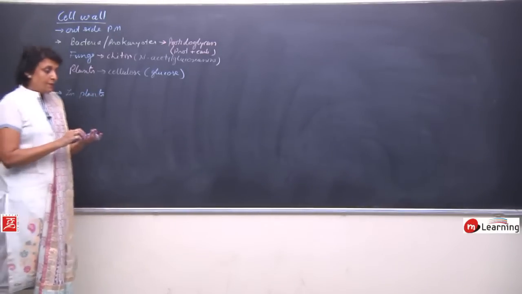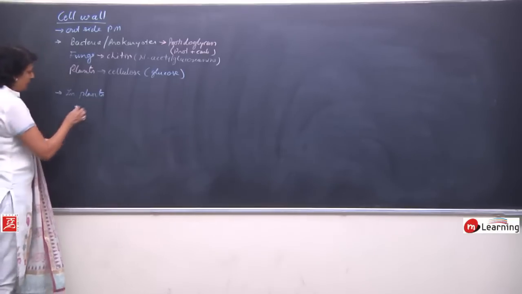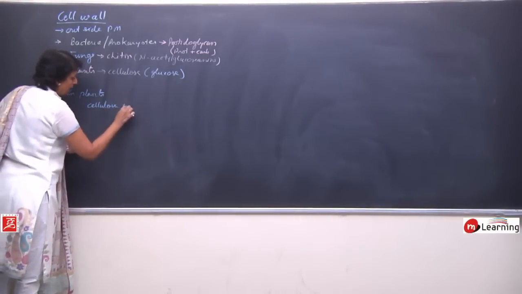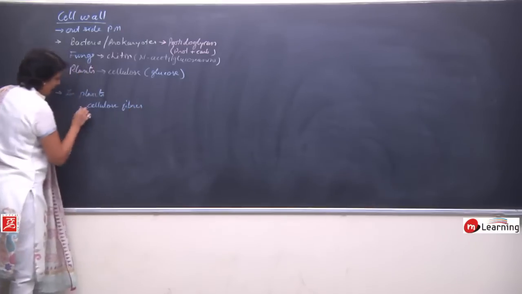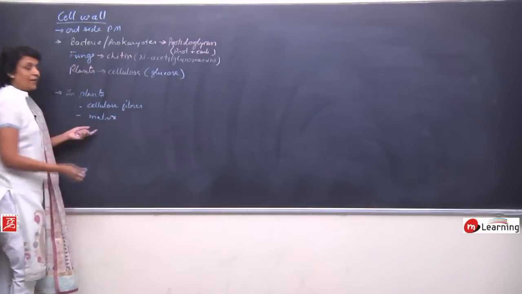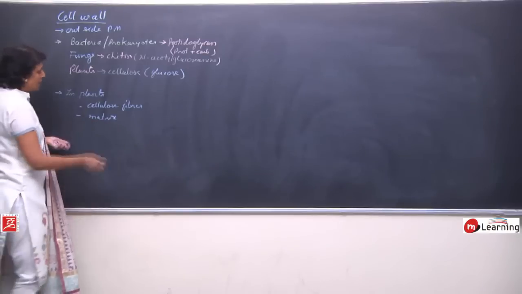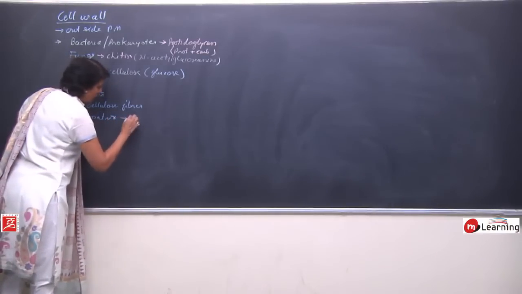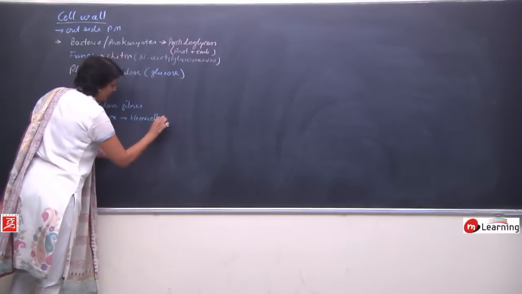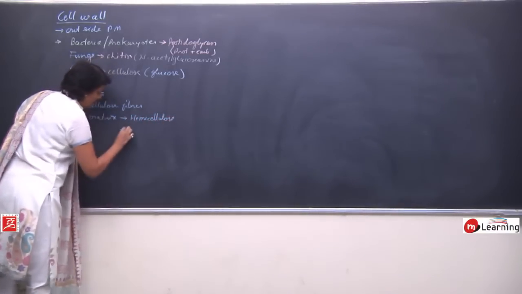In plants, the cell wall is made up of two basic things, the cellulose fibers and matrix. Matrix is a jelly-like fluidic substance which is made up of again two main things, hemicellulose and pectin.